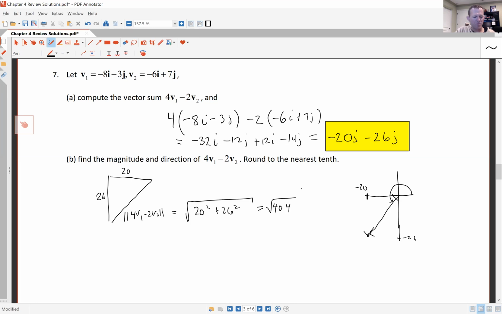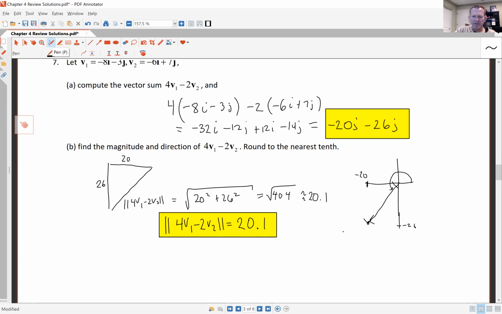Which gives you the square root of 404, which is approximately 20.1. So that's its magnitude.